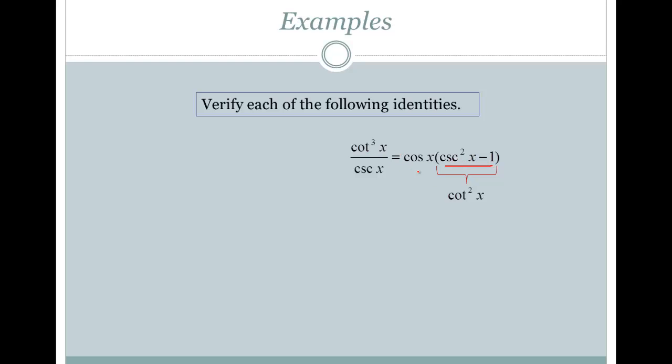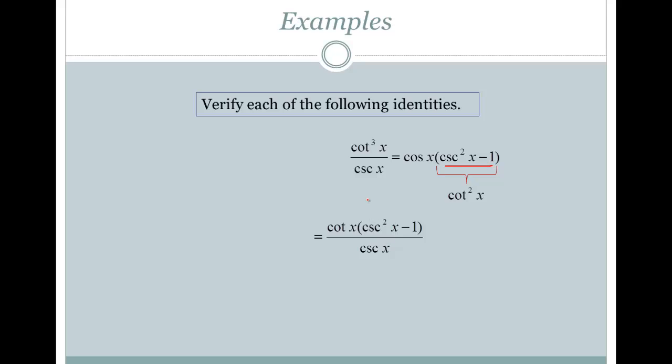I do note that I have a cotangent squared, so I can rewrite this term as cotangent times cotangent squared, and then all of a sudden I'm going to have this part of the right-hand side of the equation. So I'm going to rewrite it as cotangent times cosecant squared minus 1 over cosecant x.